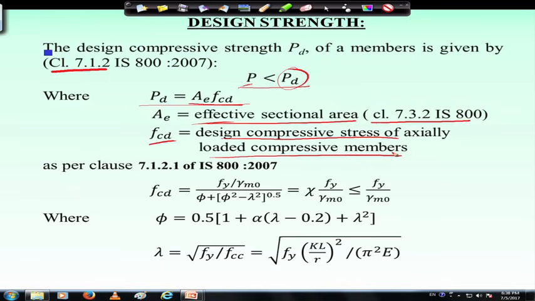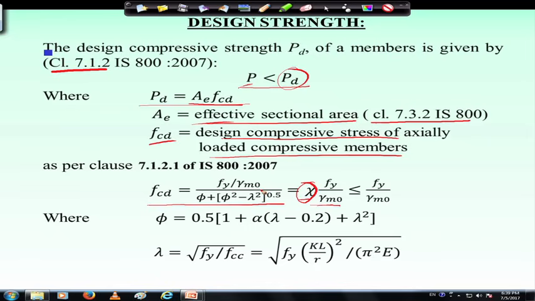Now, design compressive stress has been given in the code, which is written as F y by gamma m 0 by phi plus phi square minus lambda square whole to the power 0.5, or chi into F y by gamma m 0. This is basically the stress reduction factor chi.